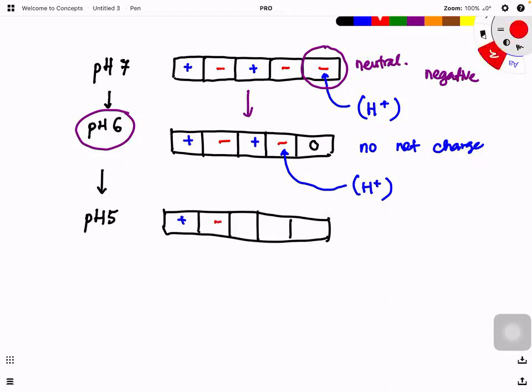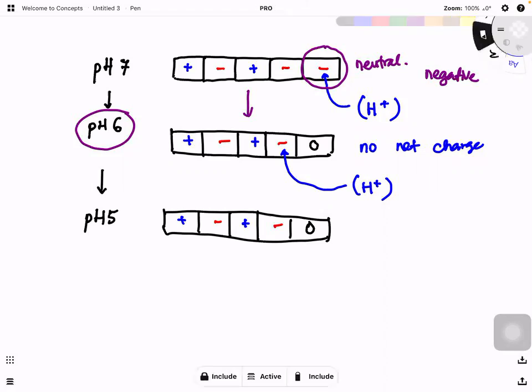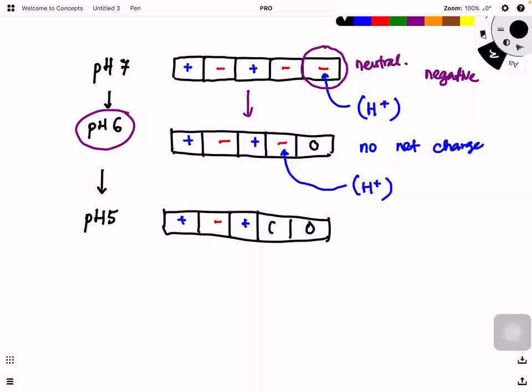This is negatively charged. Positively charged, negatively charged. No net charge already, right? Because of this H plus binding, this one, originally negatively charged, now becomes no net charge. So overall now it becomes positively charged.